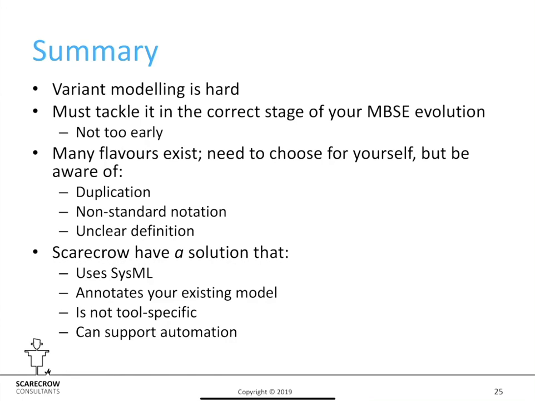It's hard because you have to think about what things you want to vary, how they can vary, what are legal combinations of those different variants, and you have to think about how do I identify the necessary information that I need to export from my model when I want to pull out a particular, in our language, a particular variant configuration.